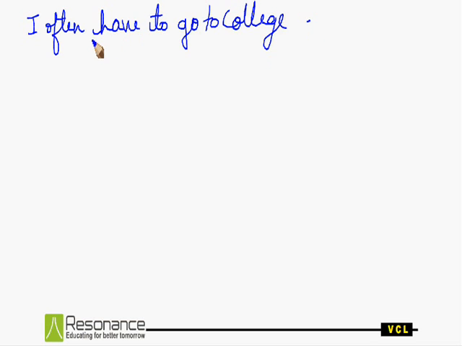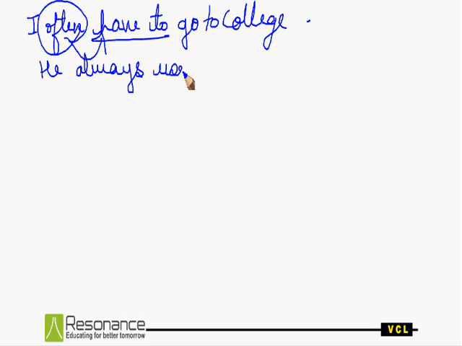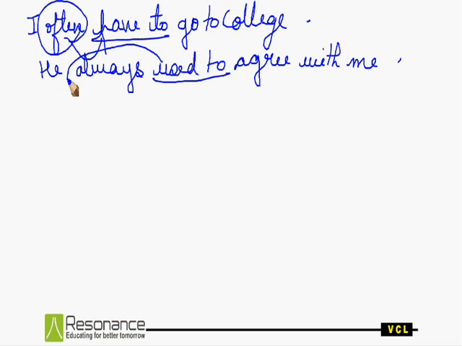Now the adverb here is often and it is placed in front of have to. He always used to agree with me. Again, the phrase used to, and here the adverb is always, which is placed before used to.